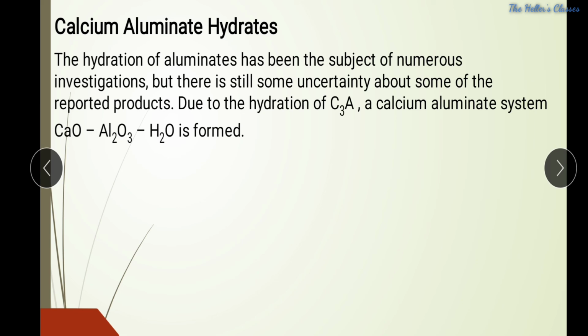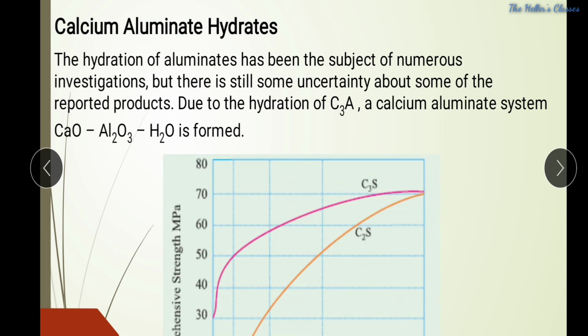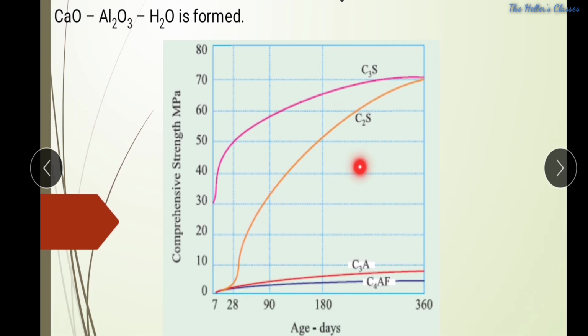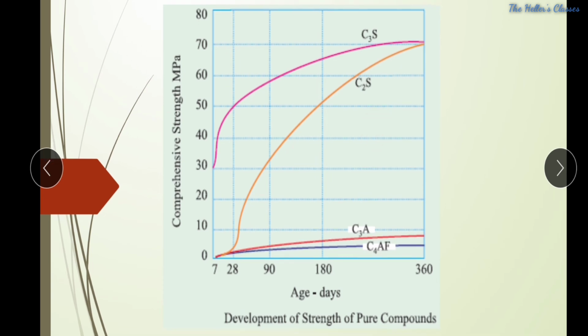The hydration of these aluminates has been subjected to numerous investigations, but there is still some uncertainty about some of the reported products due to the hydration of C3A, a calcium aluminate system.